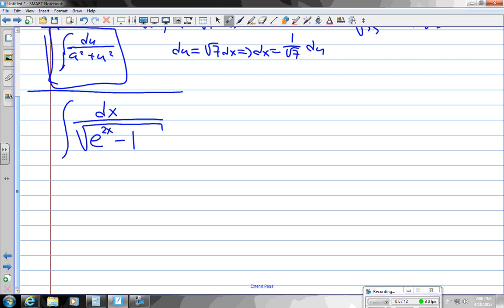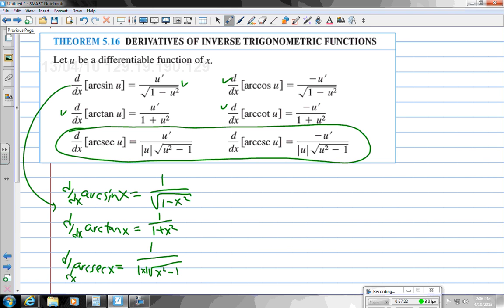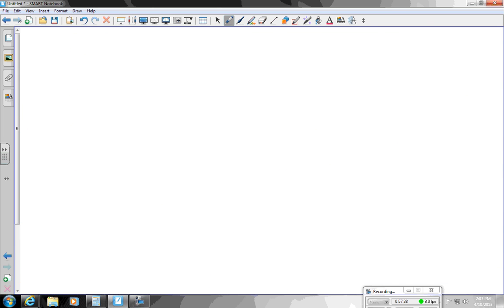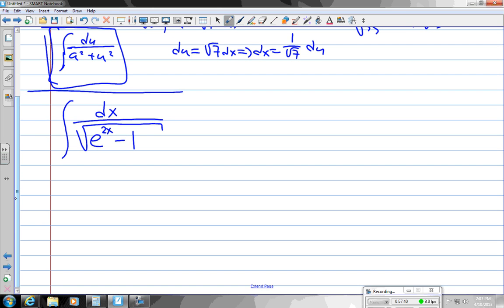Because of that, we have a whole new function in there, so in no way does it look like any one of those derivatives here, right? Because of the e to the 2x. But we do like to have some function squared under the radical, or just some function squared, period. Well, e to the 2x, is that a square of some function?